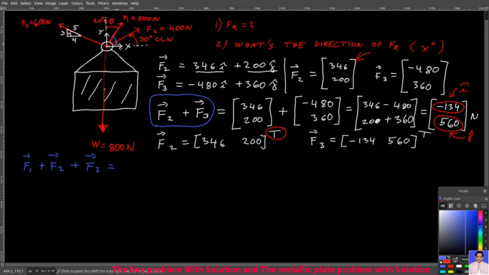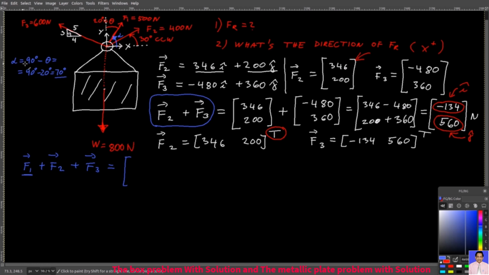So how about I define another angle here? I'll call it alpha. That's from the positive x-axis. I know that alpha equals 90 degrees minus theta. That's 90 minus 20. It gives me 70 degrees. And now I can decompose my f1 vector.